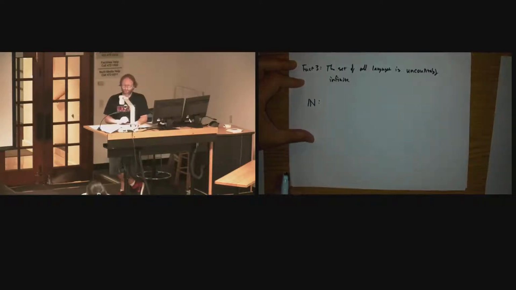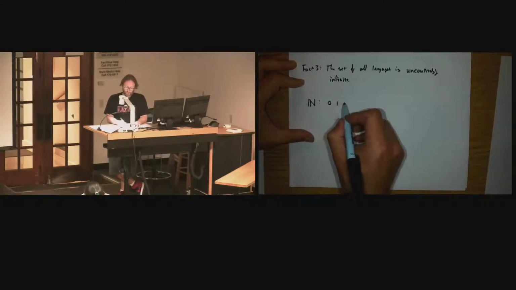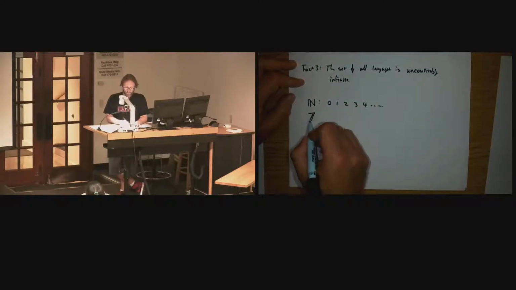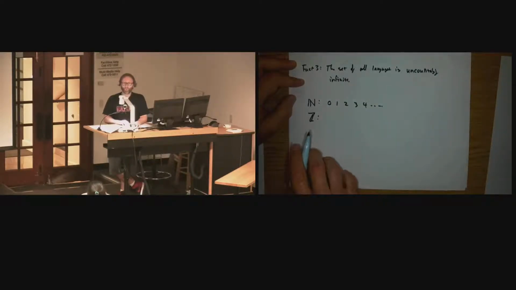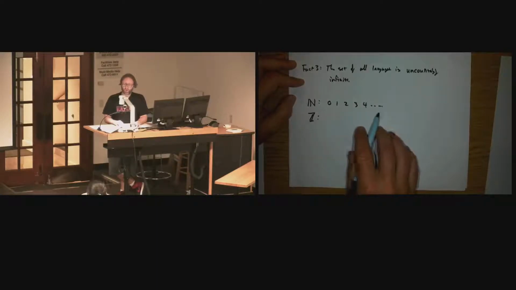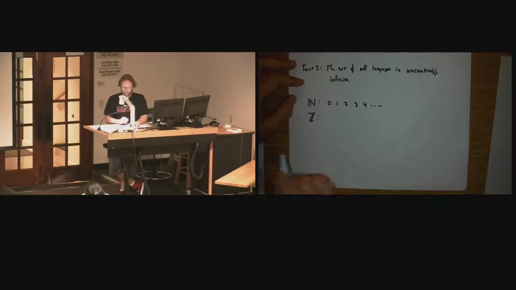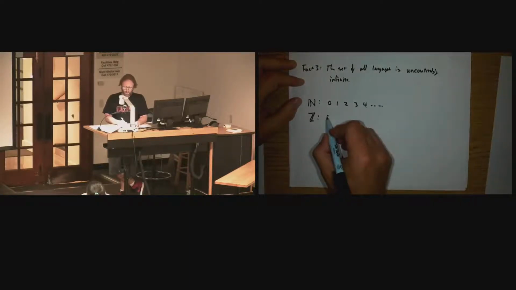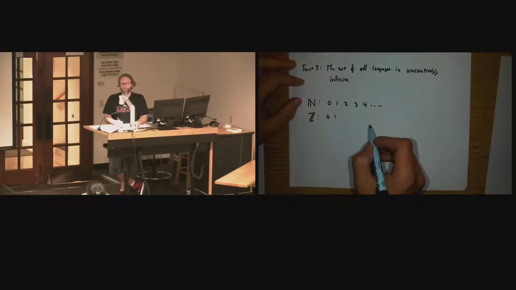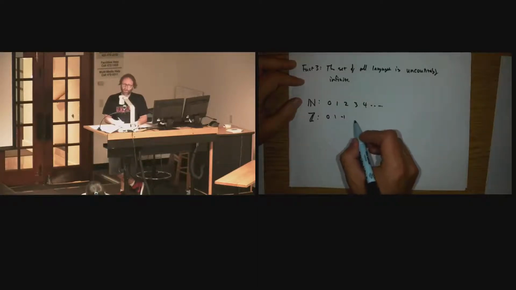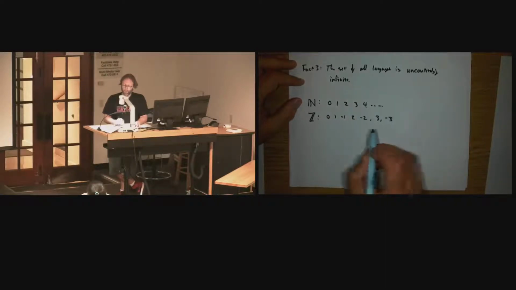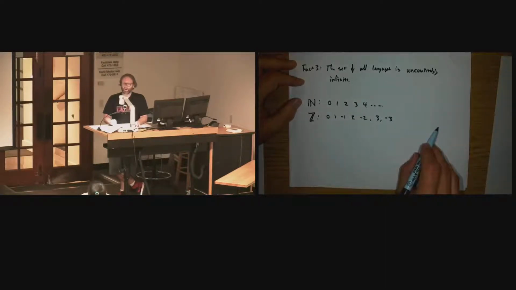They're countably infinite because you can go 0, 1, 2, 3, 4, ... Z. There are twice as many integers because you have all these numbers plus all their negations, but they're still countably infinite. You can put them into a row and not miss any. 0, 1. What do I need to do to make sure I don't miss any? -1, 2, -2, 3, -3. Right? You can write it in one direction, basically.